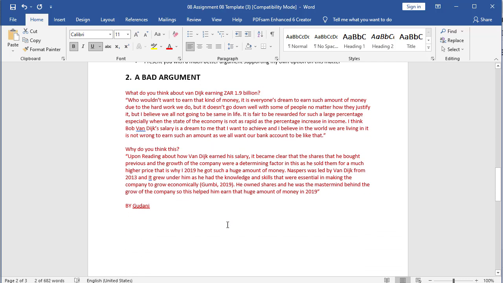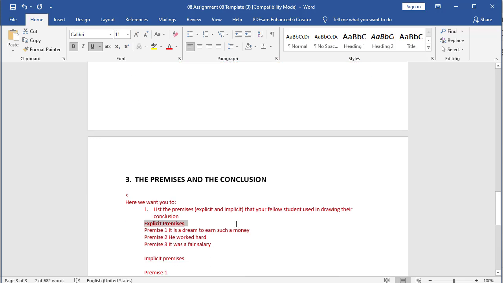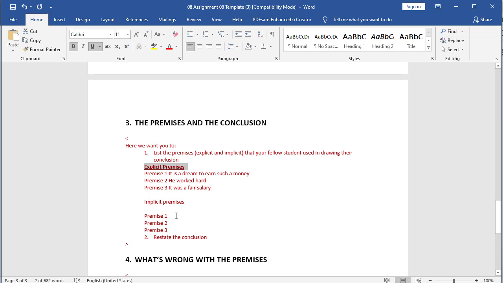So what we are going to do right now is the implicit premises. These are the premises that are implied. The student is saying this, but what is the deeper message or the deeper meaning of that statement?